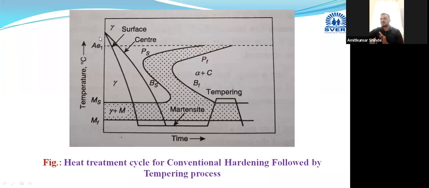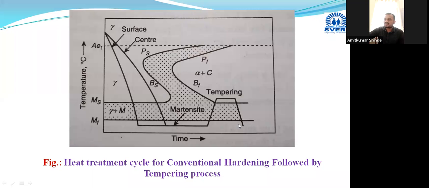Now this whole process means heating in the austenitic region, holding there for some period for soaking to get homogeneous austenite, then quenching it in the water, and again heating it up to 100 to 200 degrees Celsius for 1 to 2 hours and slowly cooling in the air. This whole cycle will be termed as conventional hardening followed by tempering.